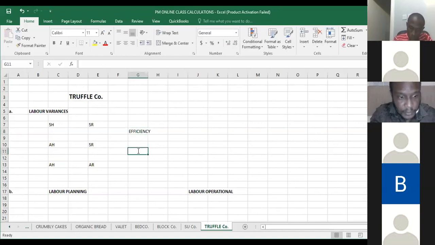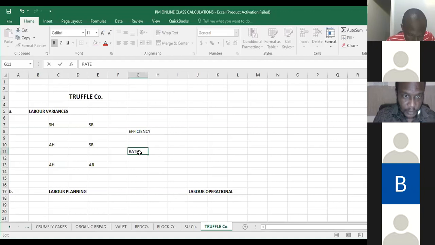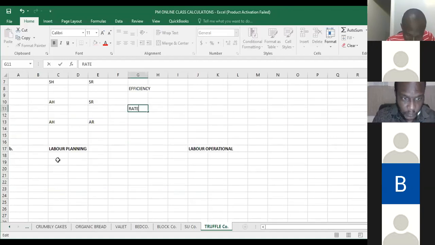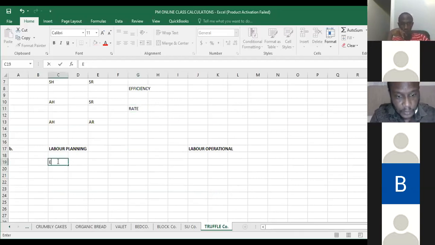Okay. So we can come down now. So we have our efficiency on top. And so our efficiency, we're comparing standard with revised standard for the standard rate.